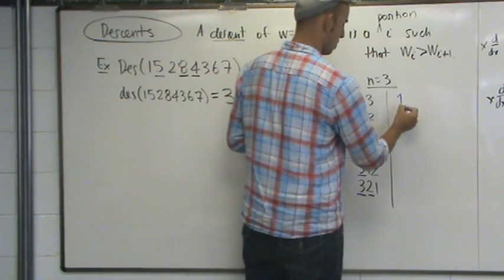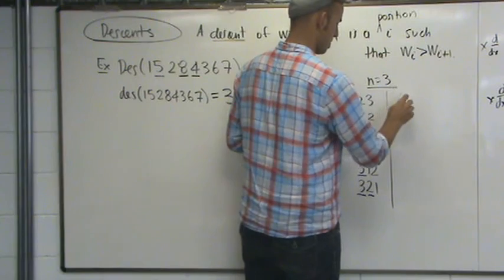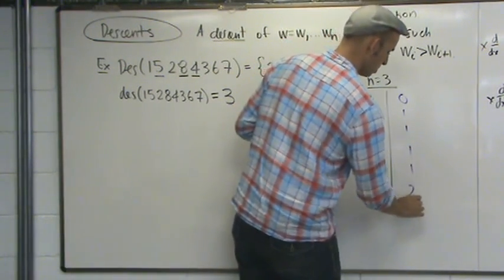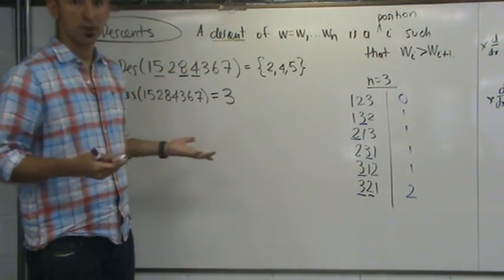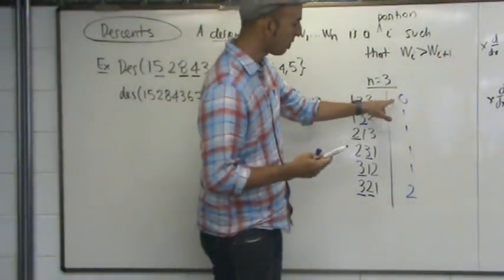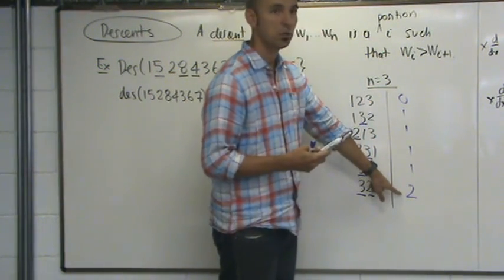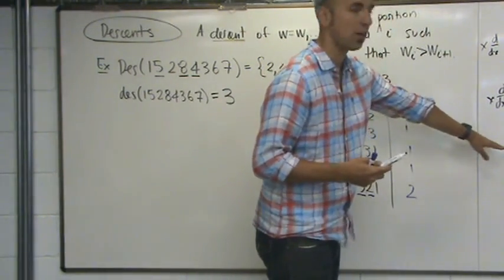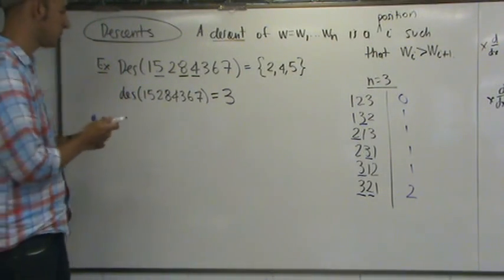So the descents are 0, 1, 1, 1, 1, 2. The point of what I'm doing here is that I have one permutation with 0 descents, 4 with 1 descent, and 1 with 2 descents. And this is precisely the coefficients of the third Eulerian polynomial. So that's what we're going to prove.